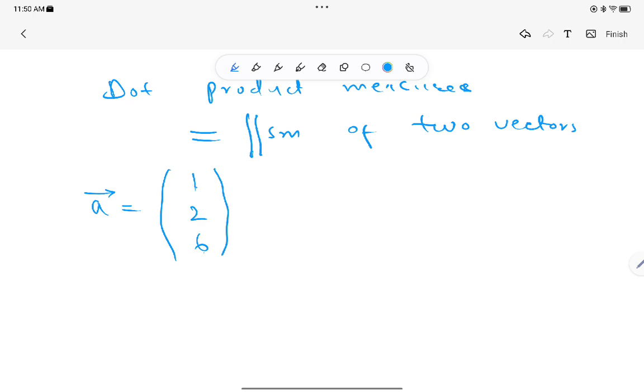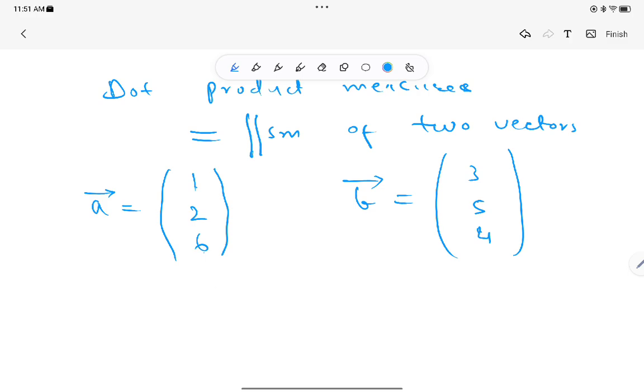This is the A vector. Then this is the B vector. Suppose we have another vector, that is B, a column vector. We have, for example, 3, 5, 4, something like this. We have two vectors. Why are they vectors?